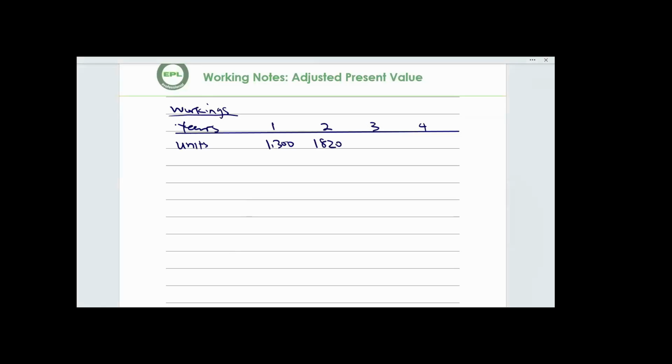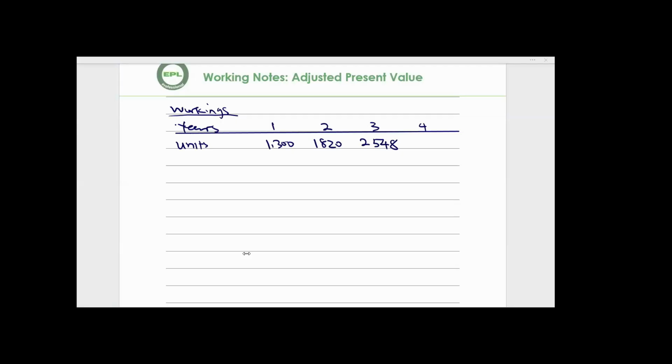We are told that the third year will also increase by 40%. Therefore, 1,820 multiplied by 1.4 will give us 2,548. Then we're now told that before falling to 5% in the final year, so in the final year, instead of 1.4, it will be 1.05 because from 40%, it has fallen to 5%.